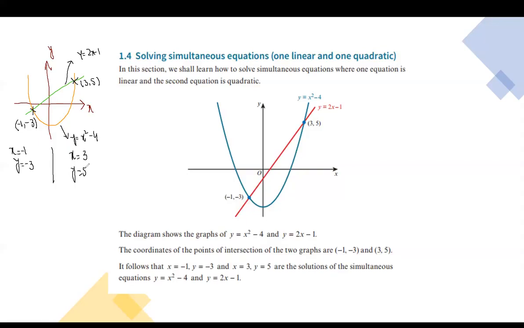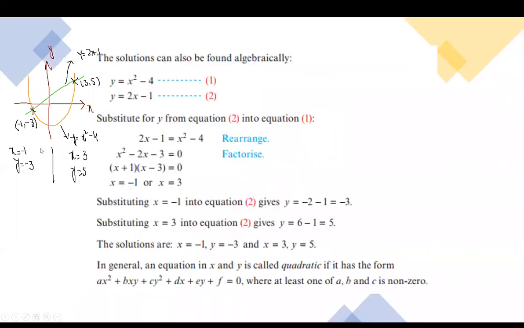Now the solution begins. We have two equations: y equals x squared minus 4 and y equals 2x minus 1. So as we know, y equals x squared minus 4 is my equation 1, and equation 2 is y equals 2x minus 1.